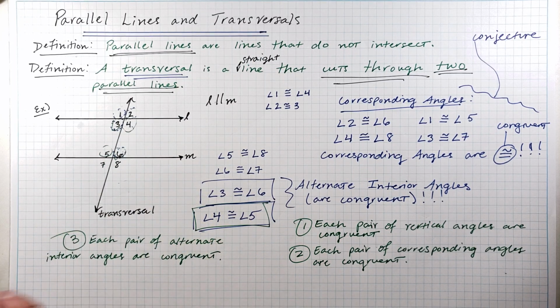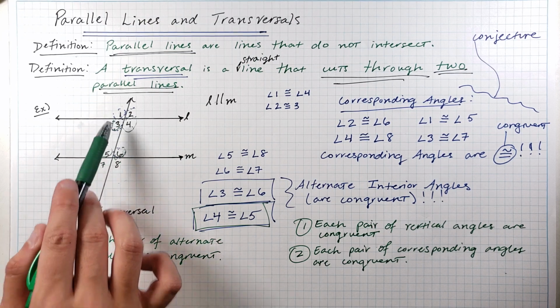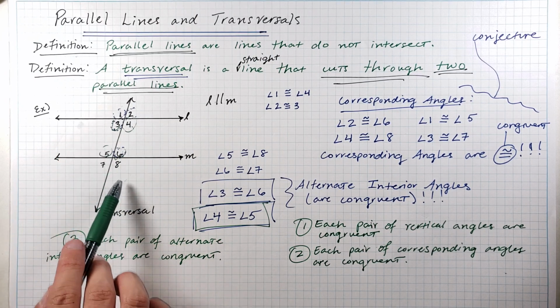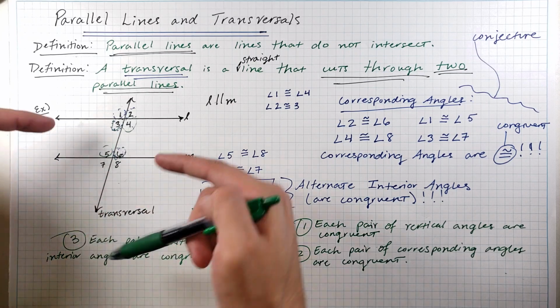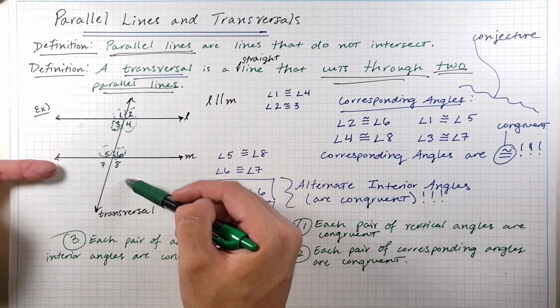Okay, and they're congruent. All right, and we can also say, just for the record, we won't need it in pre-algebra, but not only are alternate interior angles congruent, but alternate exterior angles are also congruent. If we're on the outside of the parallel lines, the alternate exteriors are also congruent.